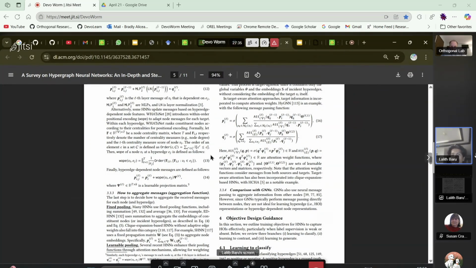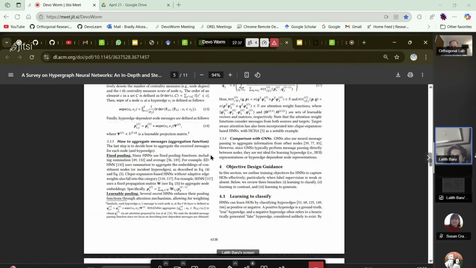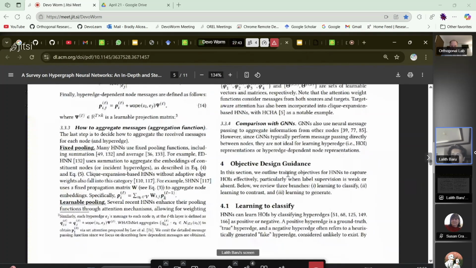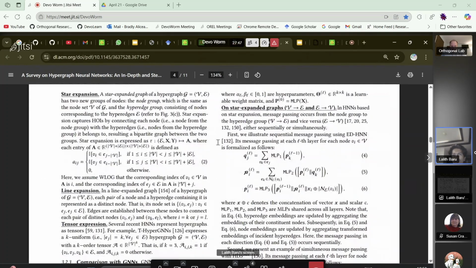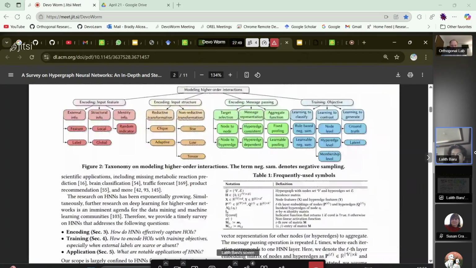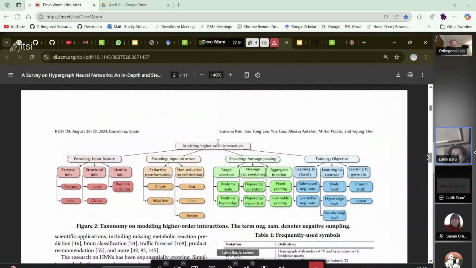Once this message is passed, we want to learn to do certain tasks. Let's go a little to the taxonomy. We have seen node to node and node to hyperedge; these are the different message passing mechanisms.